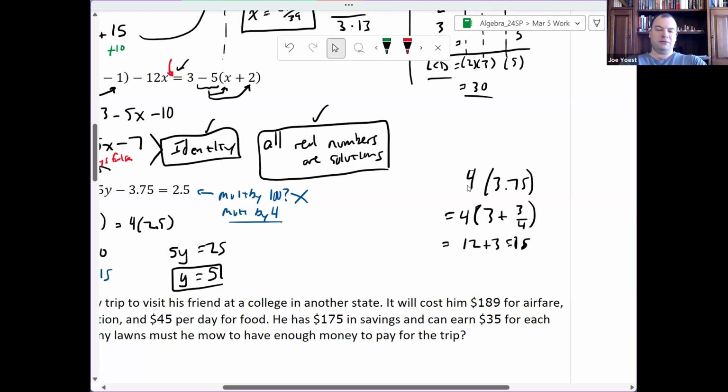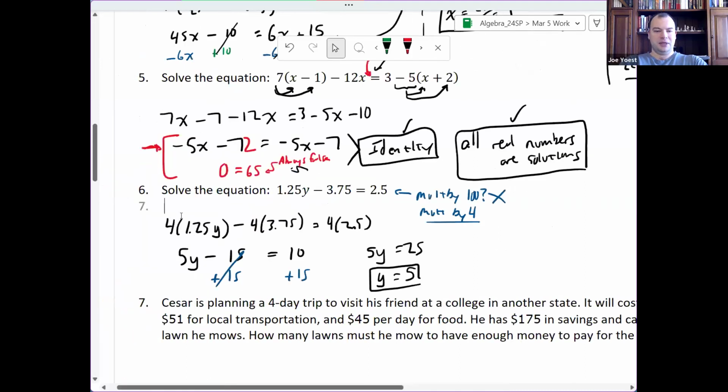I can make 4 times 3.75 equal to 4 times 3 plus 3/4, so 4 times 3 is 12, plus 4 times 3/4 is 3, or 15. And same thing on this first term. 4 times 1.25 is 4 times 1 plus 1/4. 4 times 1 plus 4 times 1/4. 4 plus 1 is 5.